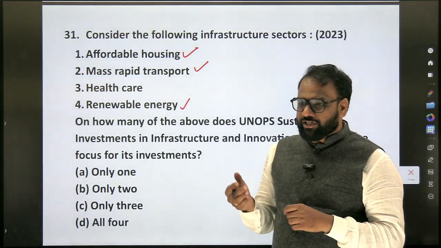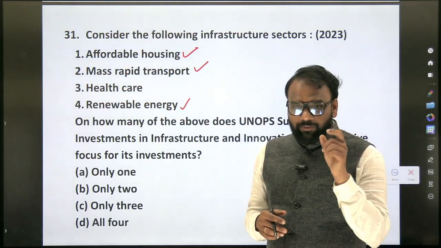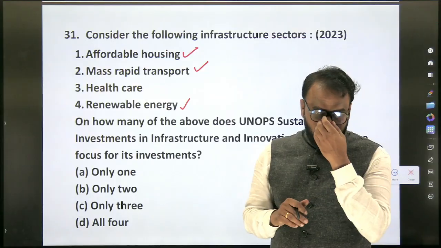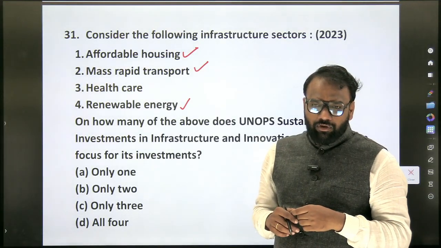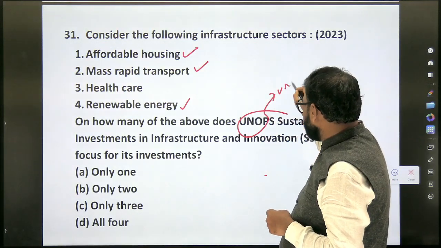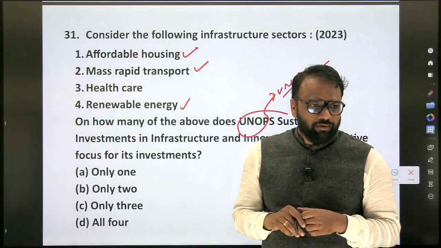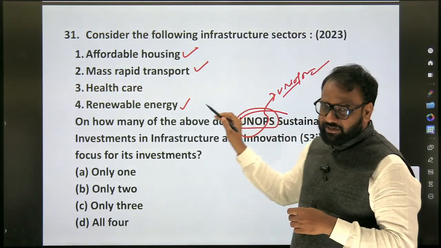United Nations, which organization? There is a particular organization with which it is associated. Okay, UN Office for Project Services. That is the organization whose initiative it is. UNOPS full form: UN Office for Project Services.